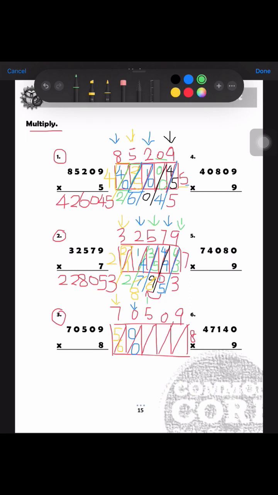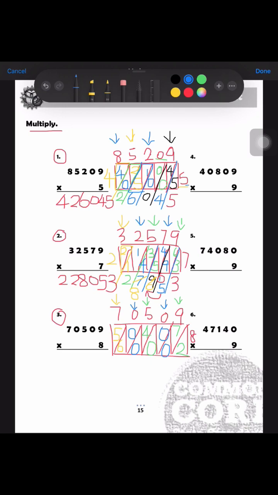Next, 5 times 8 equals 40, so 4, 0. Next, 0 times 8 equals 0, so 0, 0. Again, the last one, 9 times 8 equals 72, so 7, 2.